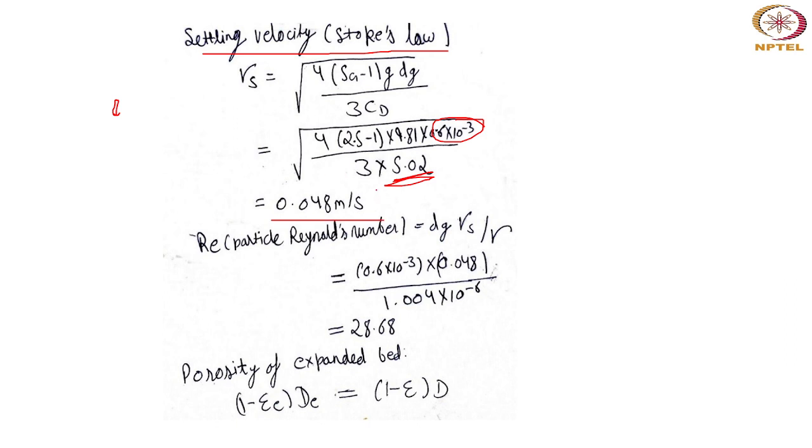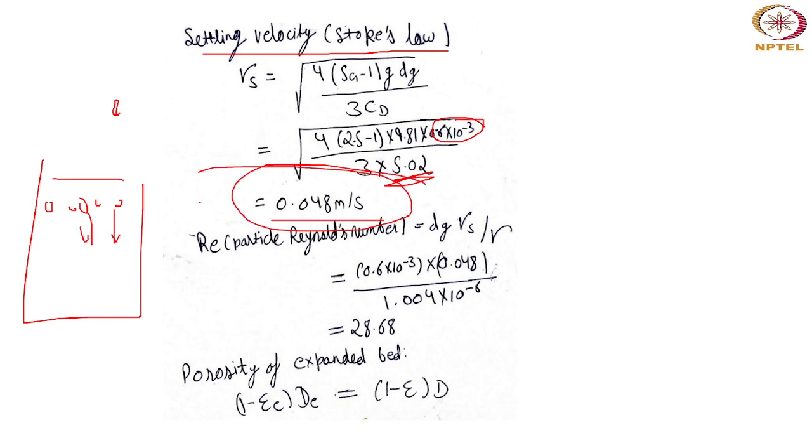Why is this settling velocity required? Because after backwashing, these particles which are in the floated or expanded condition should settle down. So I'm taking care of the settling velocity here, and from it I will calculate the Reynolds number: dg, the diameter of the particle, multiplied by Vs, divided by the viscosity.